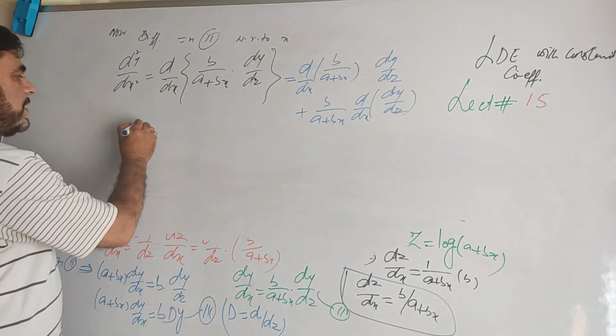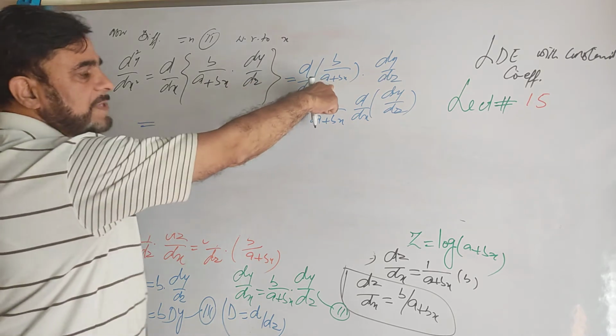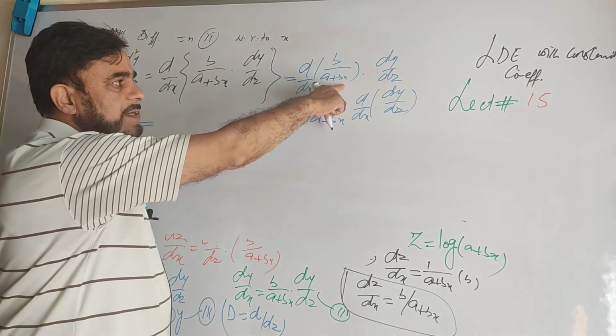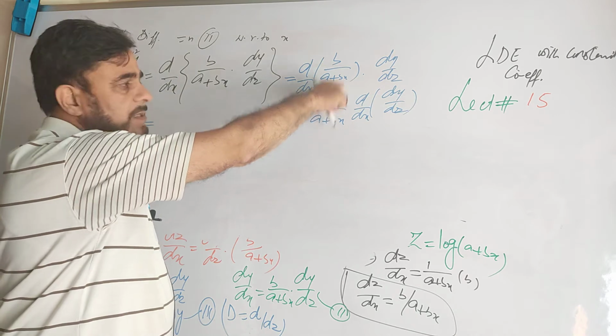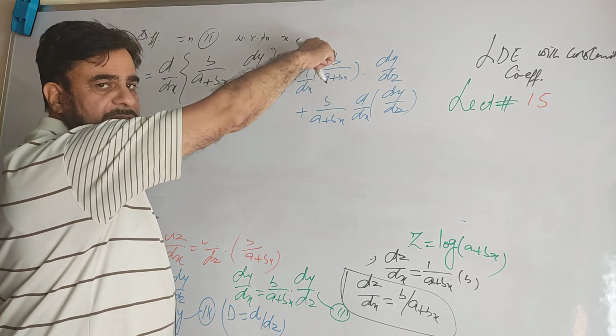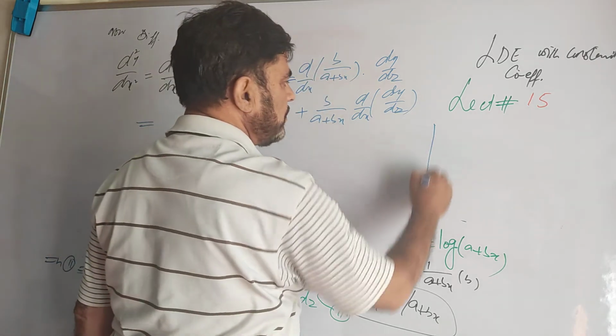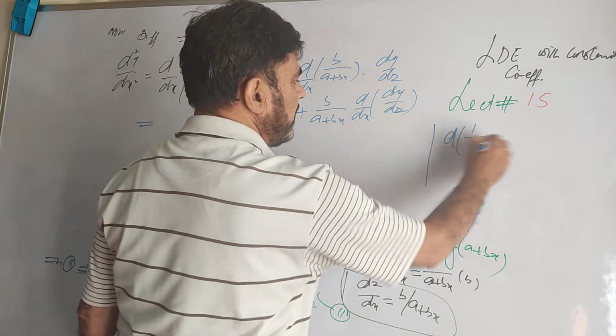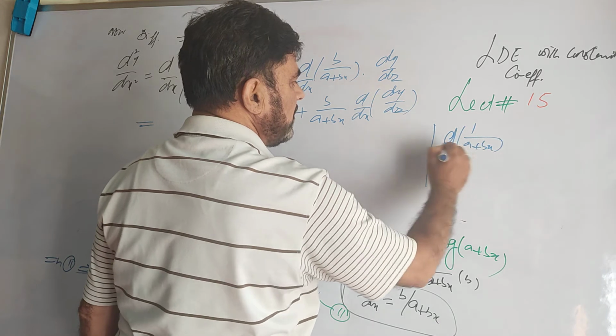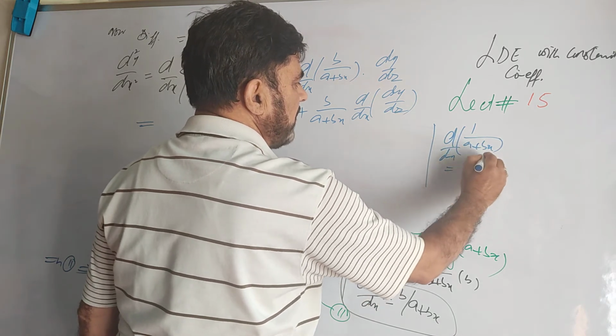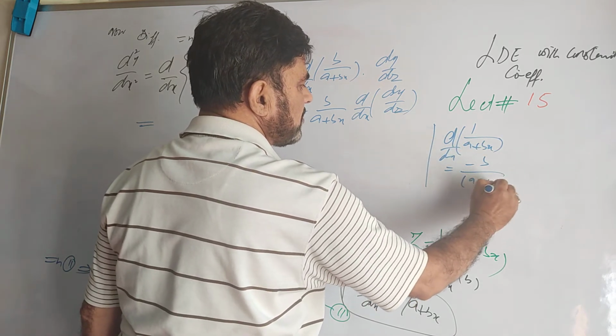Now it is equal to, what is derivative of this? Derivative of (a plus bx) in the numerator, that is b, but what is differential of 1 by (a plus bx) with respect to x? It is minus b by (a plus bx) whole square.